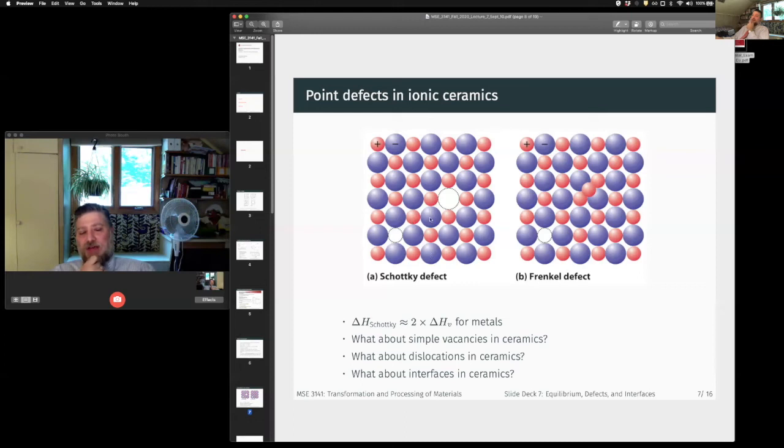So now I've got charge imbalance and anion and cation repulsions. So dislocations in ceramics are strange beasts that carry charges with them, right? And interfaces in ceramics are very complicated, all because we need to maintain these charge imbalances in ionic ceramics. In covalent ceramics, it's even worse because now I've got to wonder about what do I do with all these missing covalent bonds.